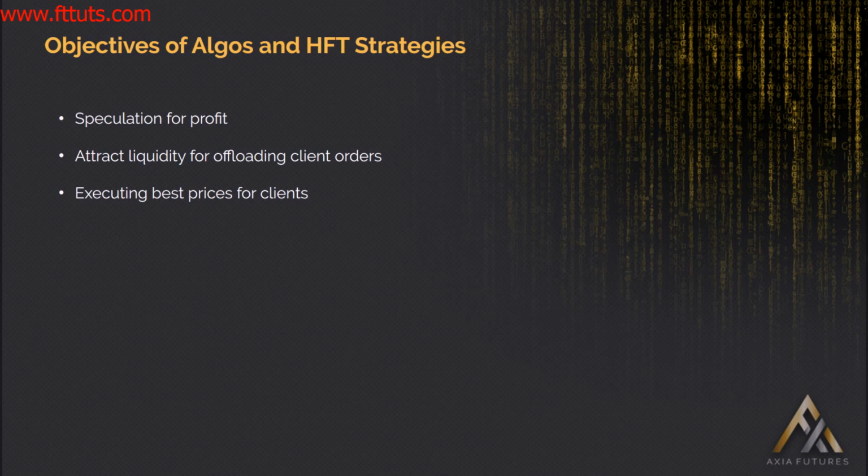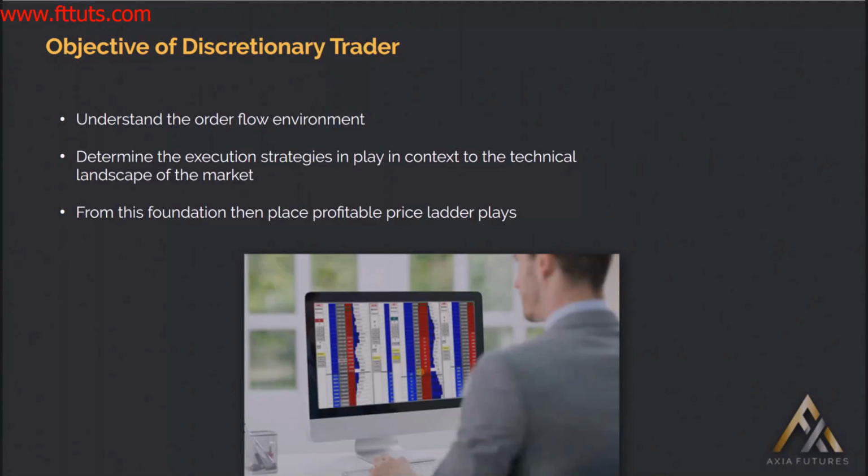This is made a little clearer later on, especially in our flipping and spoofing section, and then how to trade around it, and really executing best prices for their clients given the liquidity that their client needs to get away. So those are the main objectives: to speculate for profit, attract liquidity for offloading client orders, and make sure that they get that price for their clients.